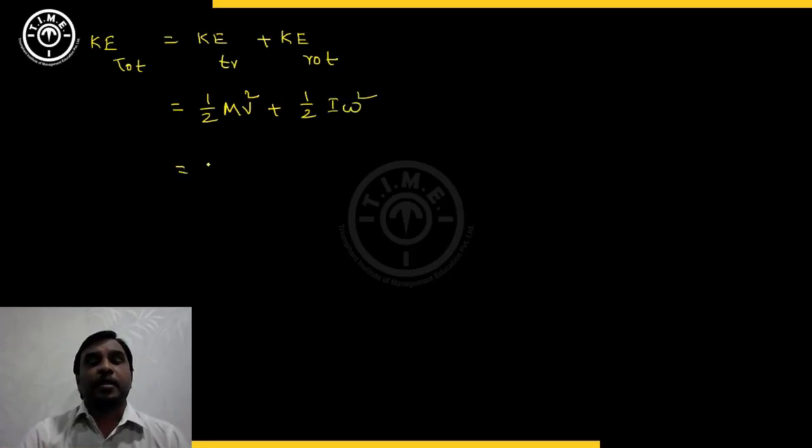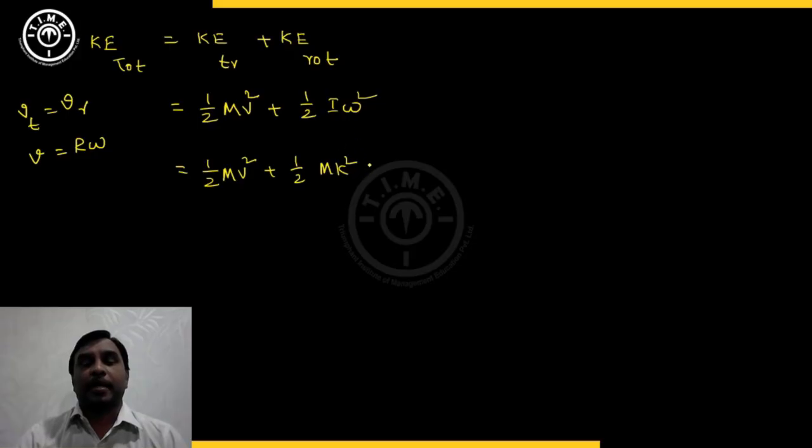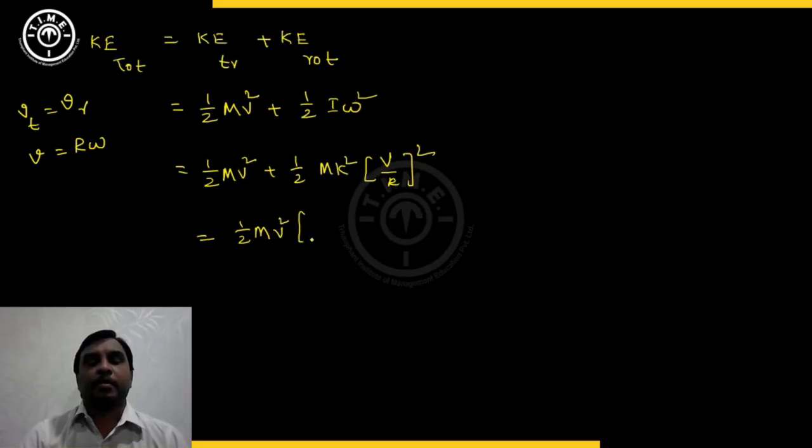If you simplify this, half mv square plus half mk square omega square. In the case of pure rolling, velocity due to translation is equal to velocity due to rotation. Velocity due to translation is v, due to rotation is r omega, where r is the radius of that object. Then omega can be written as v by r, whole square. So you can write half mv square as common, then we get 1 plus k square by r square.